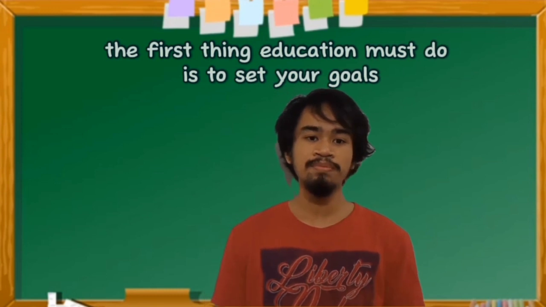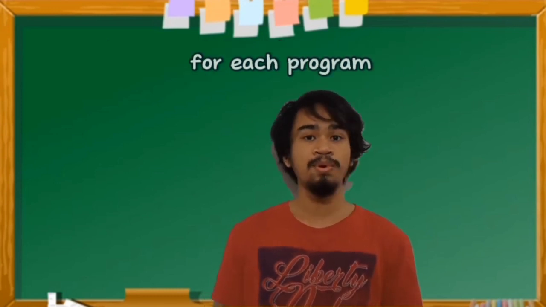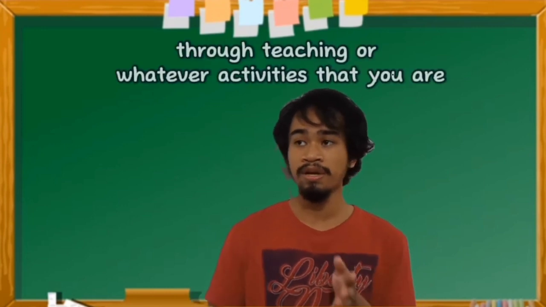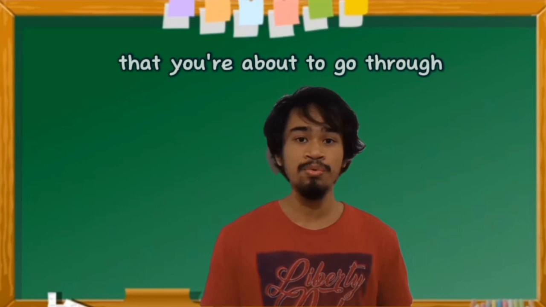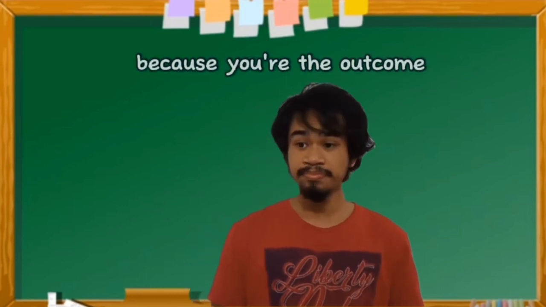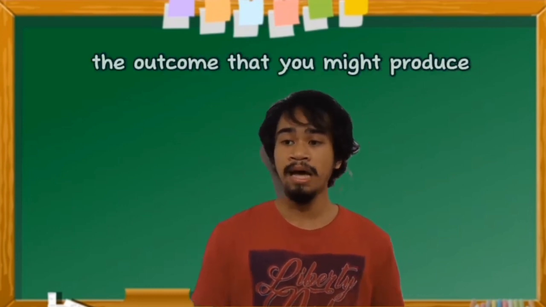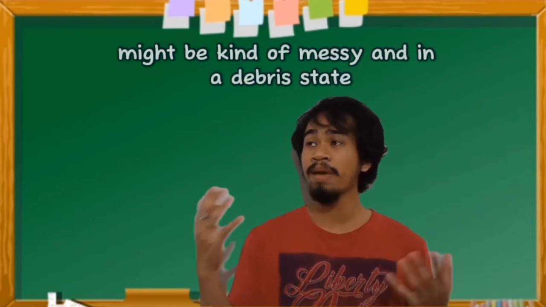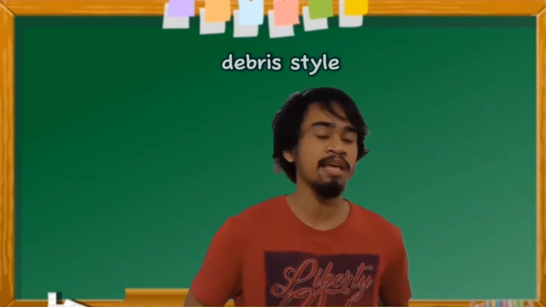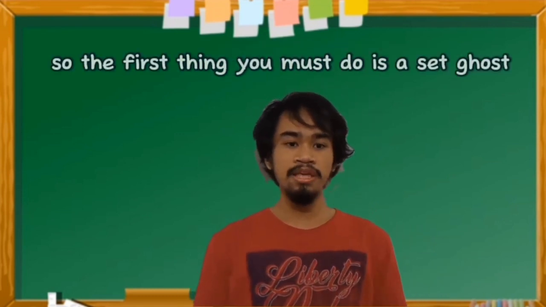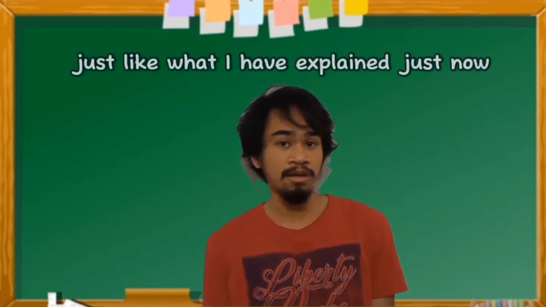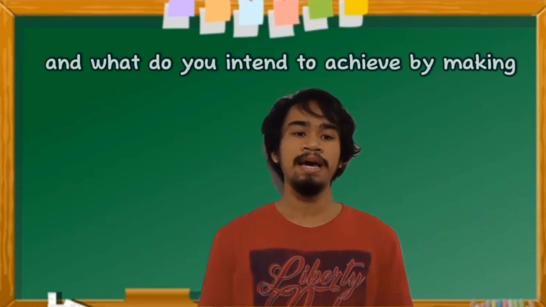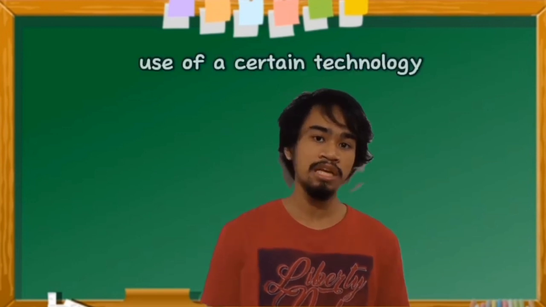The first thing educators must do is to set goals for each program, because you cannot just go through teaching or whatever activities you're about to go through without setting goals, because the outcome you might produce without any goals might be kind of messy and in a debris style. So the first thing you must do is to set goals for each program, just like what I have explained just now. And what do you intend to achieve by making use of a certain technology?